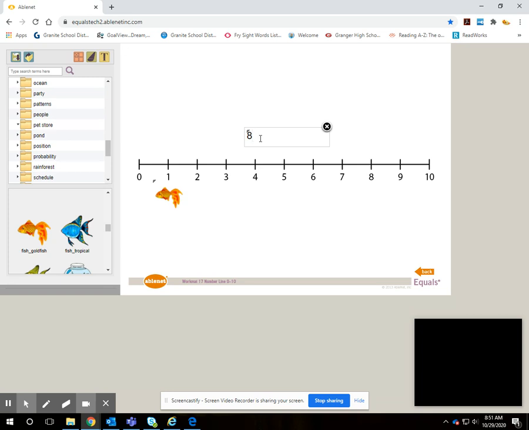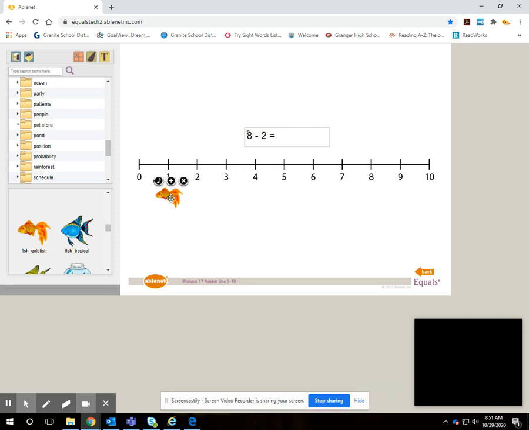And I'm going to subtract, here's my minus sign, we've talked about that as well, 8 minus 2 equals. So there's the start of my equation. It's not finished yet though, because I don't have the answer to that equation. I have to have both sides of that equal sign completed to have a full equation.